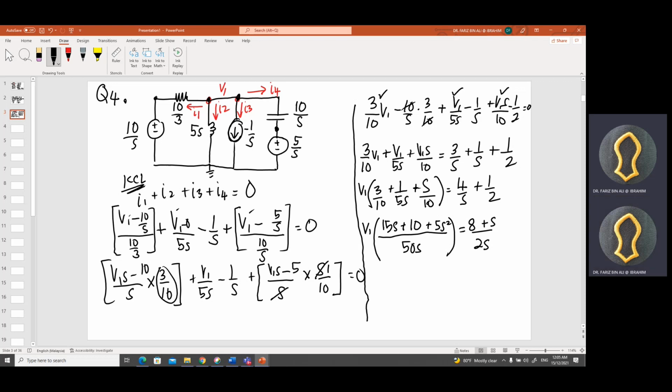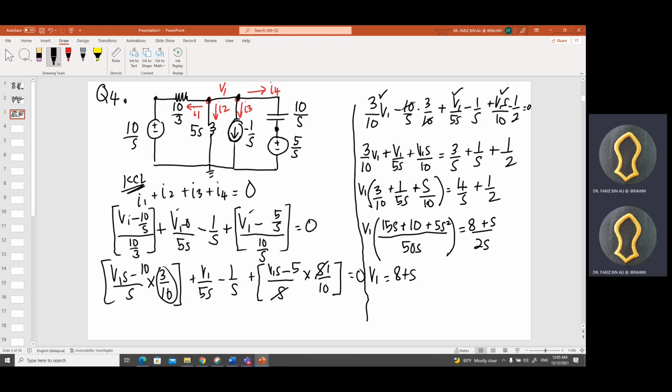Okay, now because I want to know only V1, I want to get only V1. So you can bring the rest of it to the right hand side.